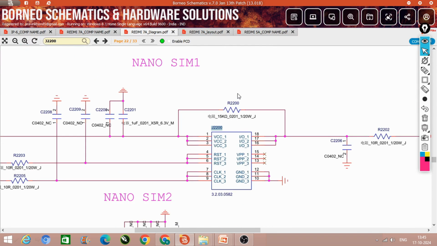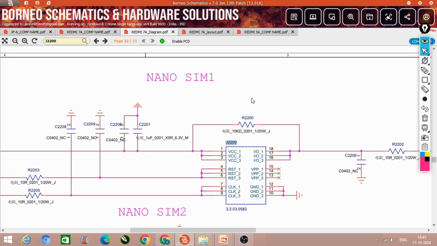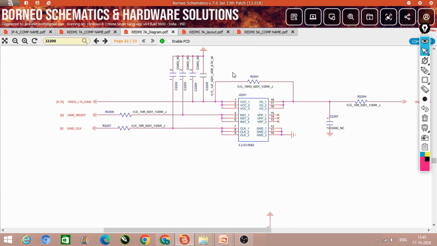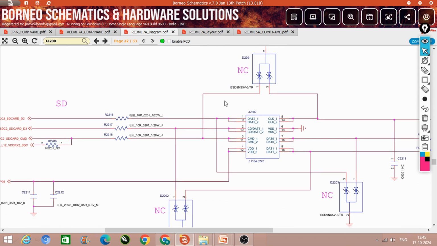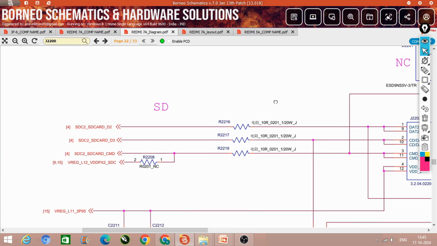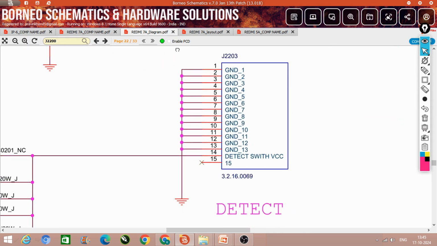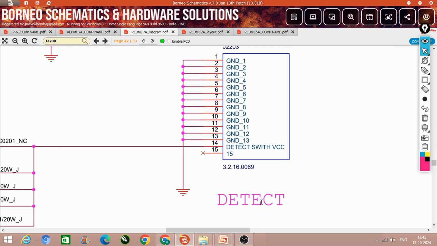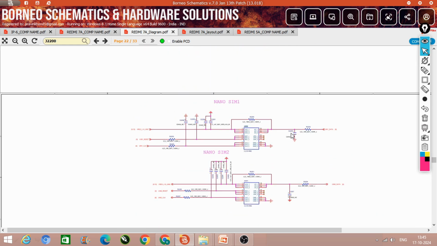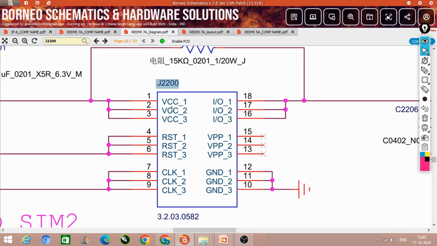Now you will go directly to the SIM section in the schematics. Now you will see here nano SIM 1, nano SIM 2, the second part, and this is the SD card, right? The third part is also another part for the SIM detection. Now you will see from SIM 1, these are the pins, and I'll give you every detail of how these pins work.